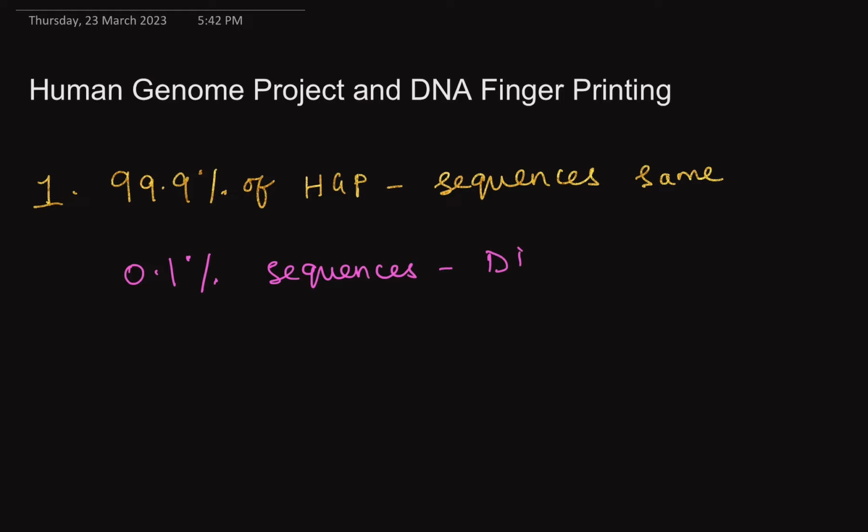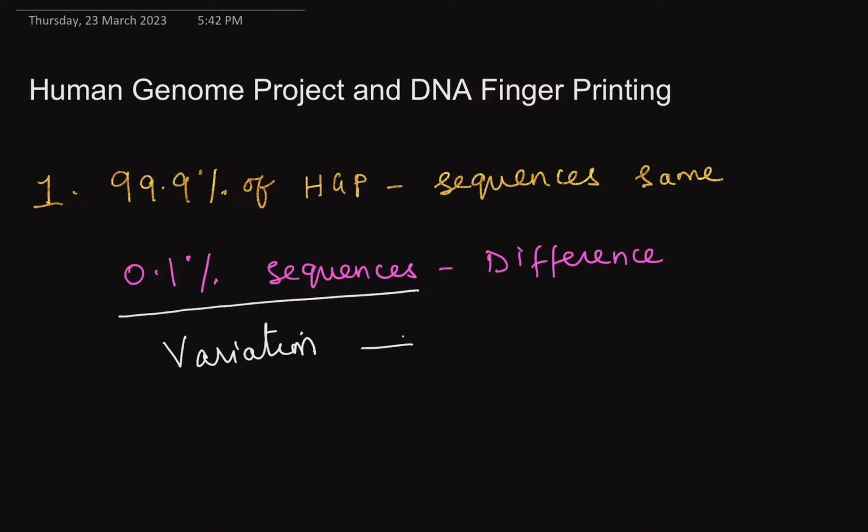So it is this small percentage of variation, this 0.1% of variation in the sequences, that makes every human unique. Alright, so this is the major information that we got.